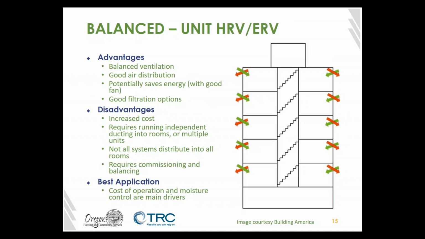So I've been leading up to this and maybe have been dismissive in my language of exhaust and supply, but balanced ventilation is really, from an energy standpoint and from an indoor air quality standpoint, the best way to go. Balanced units can be just balanced with no heat recovery at all, but ideally you can also add an HRV or an ERV. So a balanced unit just means conceptually that you are pushing air out intentionally and you're pulling air in intentionally, and you're doing those at the same rate at the same time at all times.